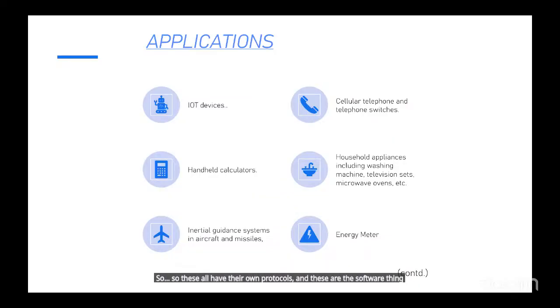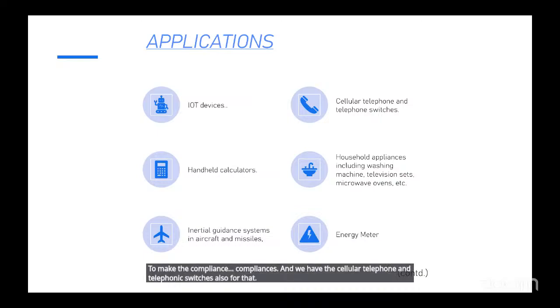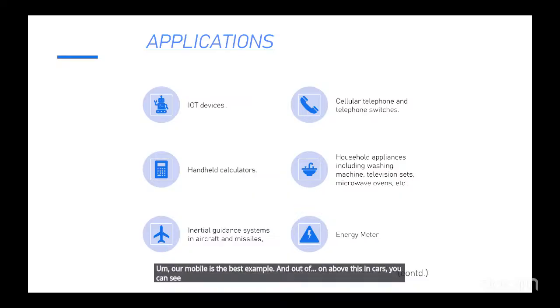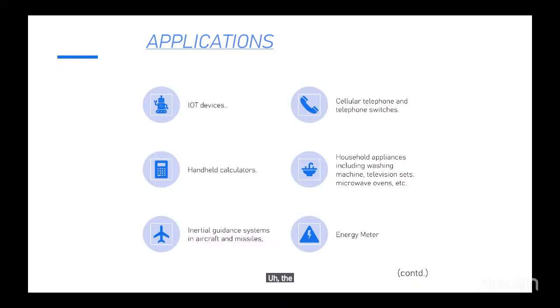Based on this, we have to select the hardware to make it compliant. We also have cellular telephones and telephonic switches. Our mobile is the best example. On top of this, in cars you can see we have the GPS tracking system, wherein GPRS and GPS take place in these cellular devices too.